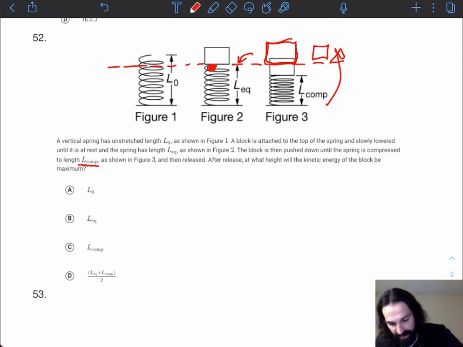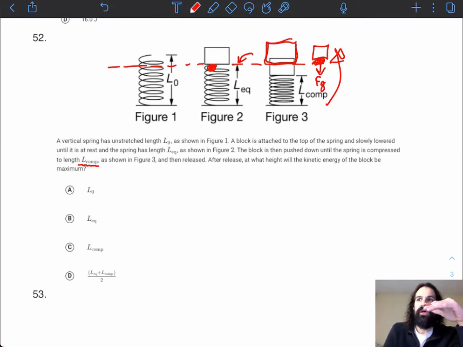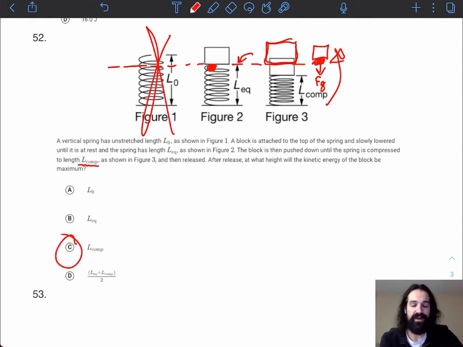The only force acting at that point is Fg, which means it's immediately going to slow down, which makes sense. When you leave a trampoline, your spring energy stops giving you kinetic energy, and now you have max kinetic energy the second you release. You're fastest when you're first thrown up in the air. So for that one, it should be C. This figure 1, red herring.